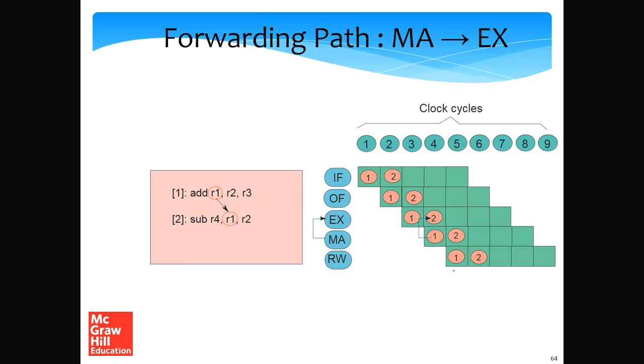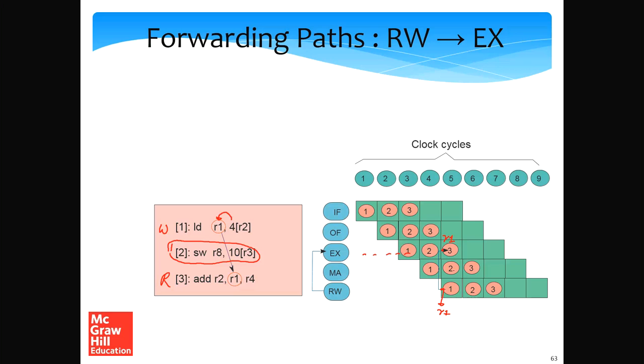Now let's look at the MA to EX forwarding. We have already seen this example twice. All that needs to be done is that we need to connect a set of wires between the MA stage and the EX stage. And this is mainly useful for forwarding values between ALU instructions like add, subtract, multiply, divide.